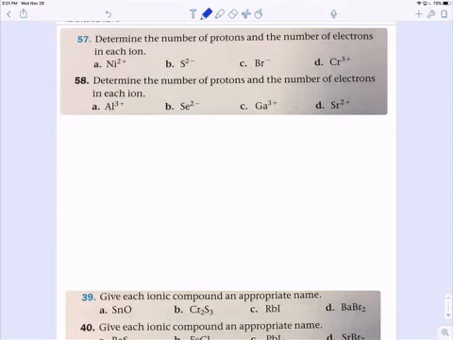Determine the number of protons and the number of electrons in each ion. The number of protons you get from the periodic table. You will be given a periodic table.